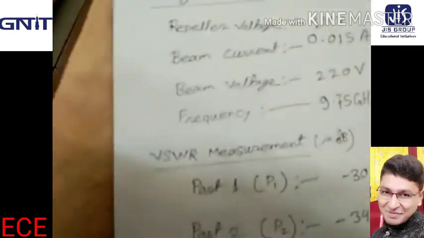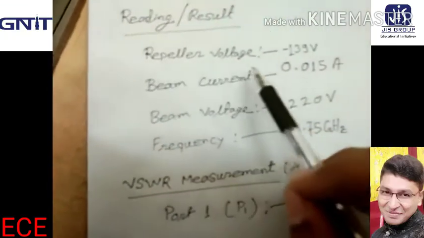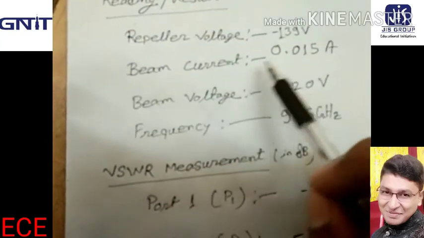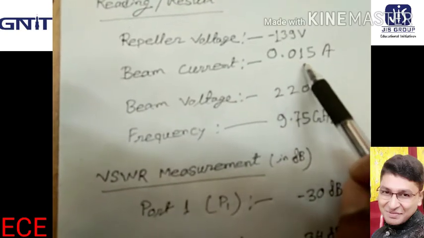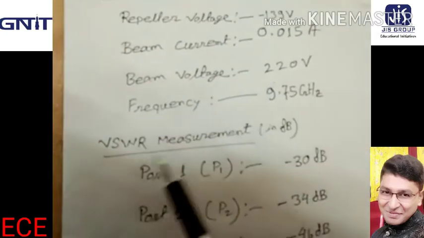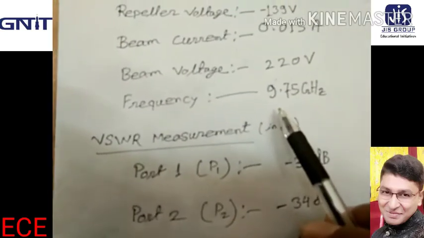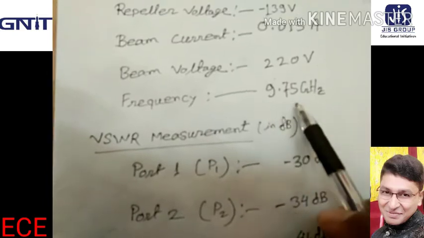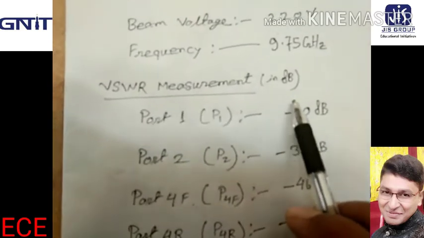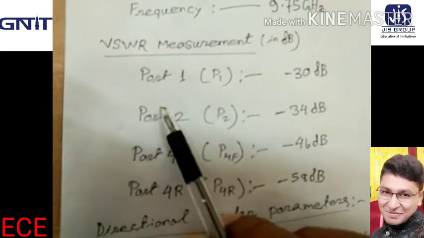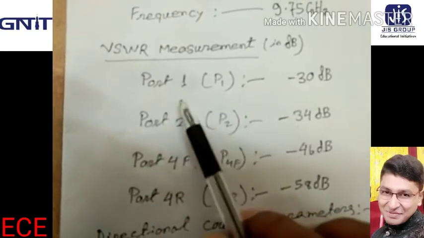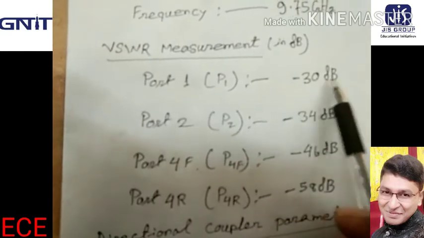Finally, the result: repeller voltage minus 139 volt, beam current 0.015 ampere, beam voltage 220 volt, frequency, that is resonant frequency or operating frequency, 9.75 GHz. VSWR measurement in dB: port 1, that is input, P1 is equal to minus 30 dB.